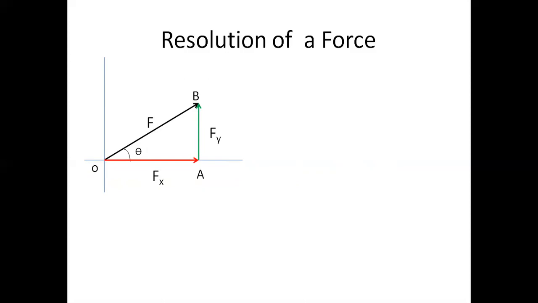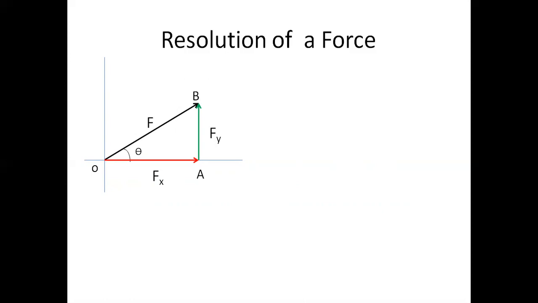We know that this forms a right angle triangle OAB. OA is the Fx component, AB is the Fy component, and OB is the F component, and theta is the angle the original force F makes with the x-axis. This is how to find the components Fx and Fy.